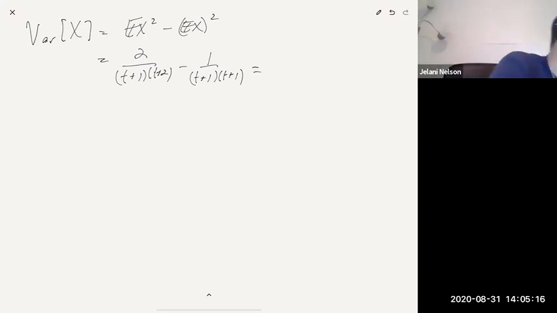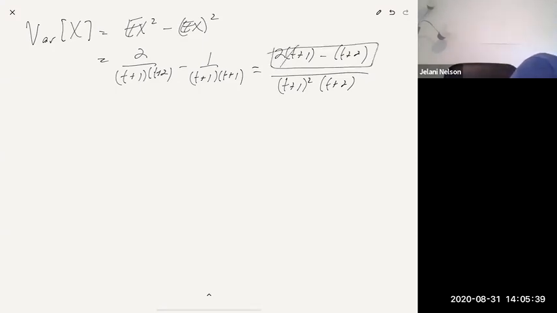Good. So what is this? This is equal to, I guess, (2t plus 1 minus t plus 2) over (t plus 1) squared times (t plus 2), right? And the numerator is 2t plus 2 minus t minus 2. So this numerator here is just t, I think, right?